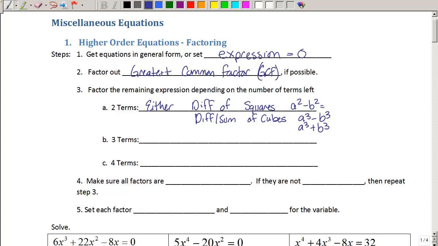If you have 3 terms, you're either going to use grouping or guess and check, or possibly another method that your teacher taught you. If you have 4 terms, you must factor by grouping.